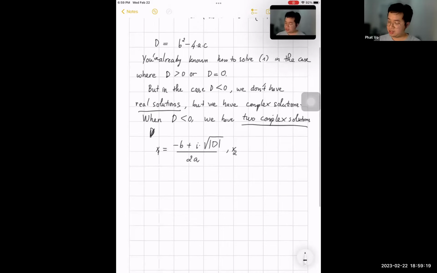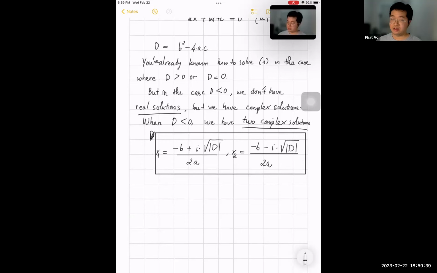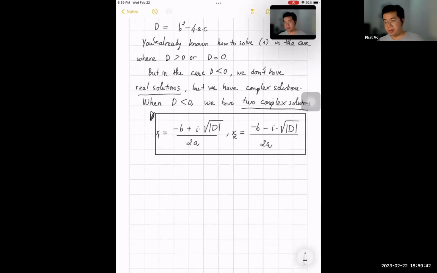And the second solution is negative b minus i times the square root of the absolute value of D, divided by 2a. Okay, so that is the formula for the complex solutions, and I will show you some examples to illustrate this formula.